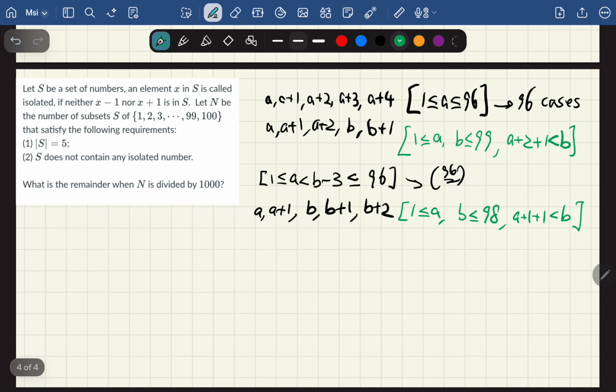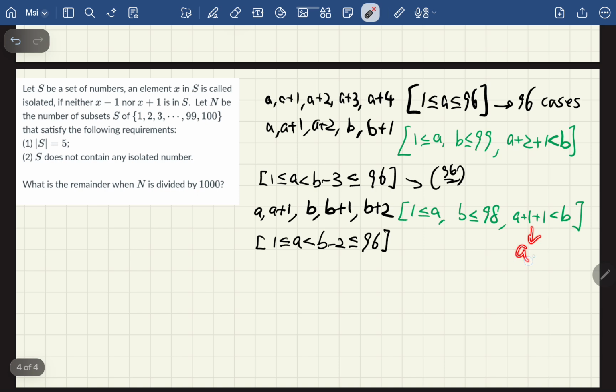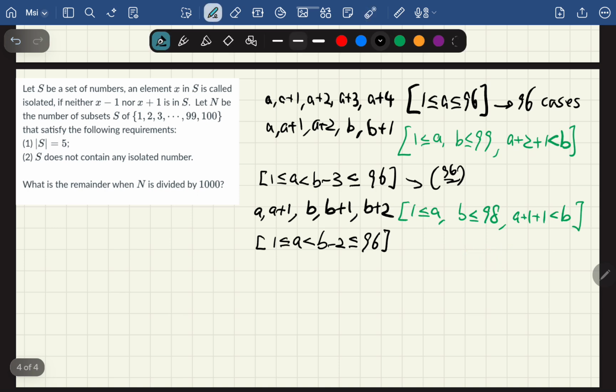We can also rewrite this as 1 is less than or equal to a is less than b minus 2, which is less than or equal to 96, because a is less than b minus 2, and then b minus 2 is less than or equal to 96. So it's basically the same thing, 96 choose 2 ways.